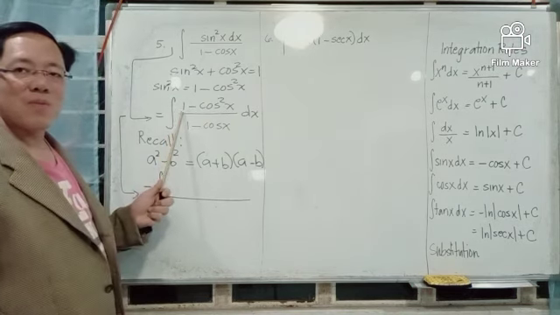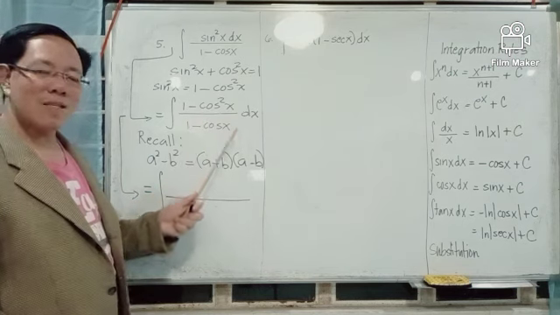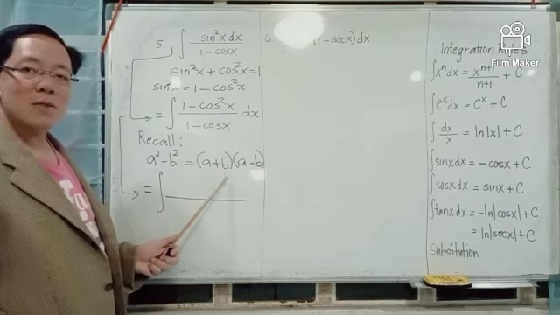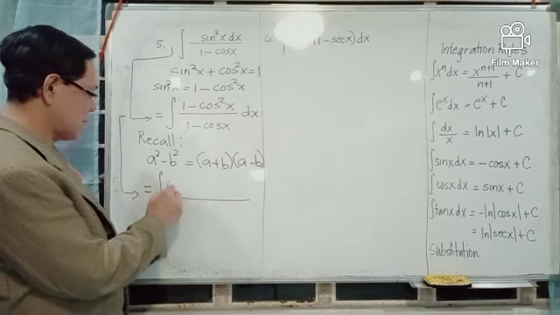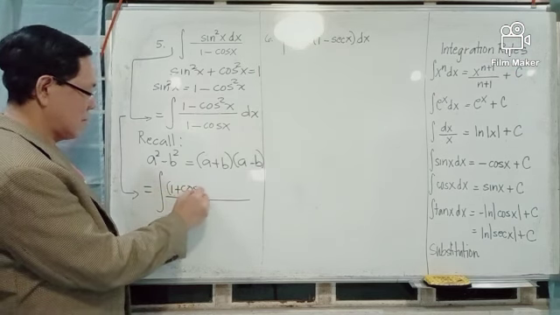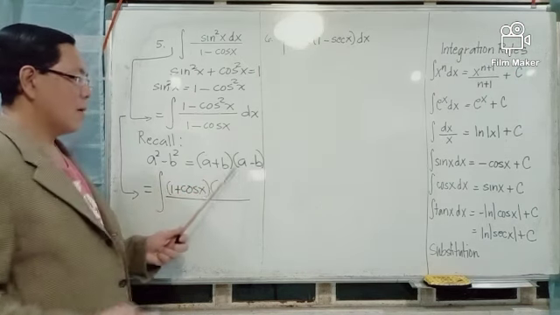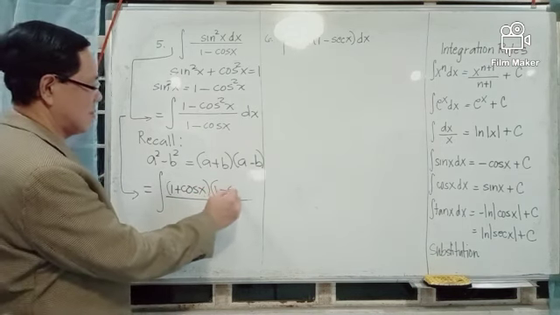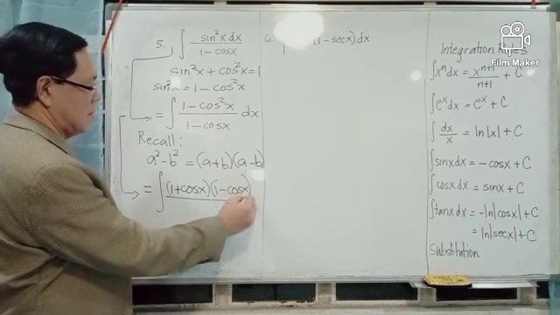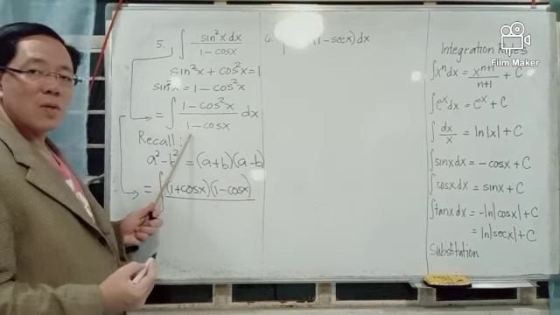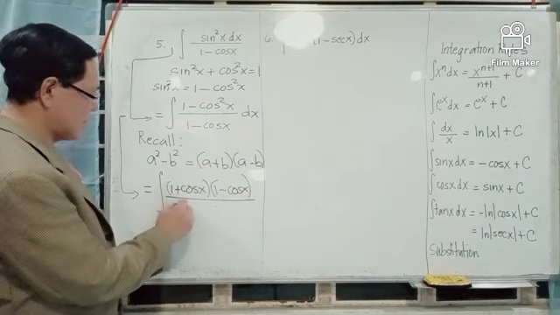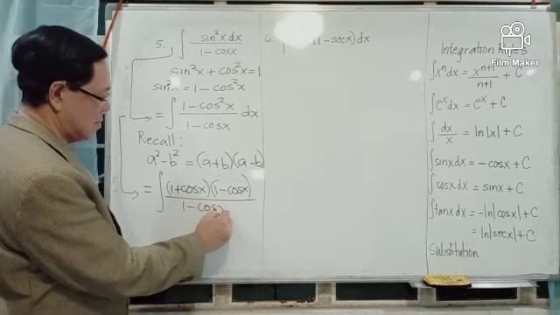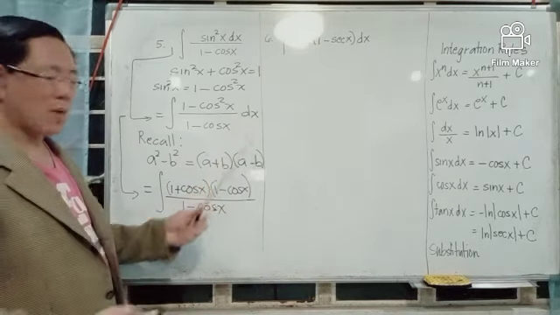And the factors of 1 minus cosine squared x are 1 plus cosine x and 1 minus cosine x, all over 1 minus cosine x, and we integrate with respect to x.